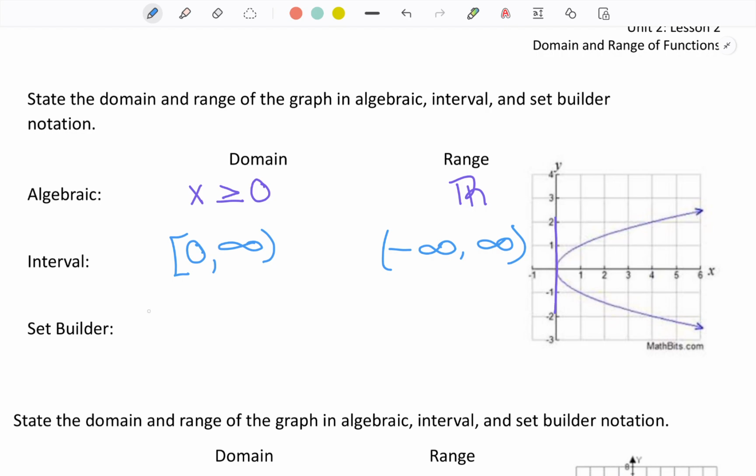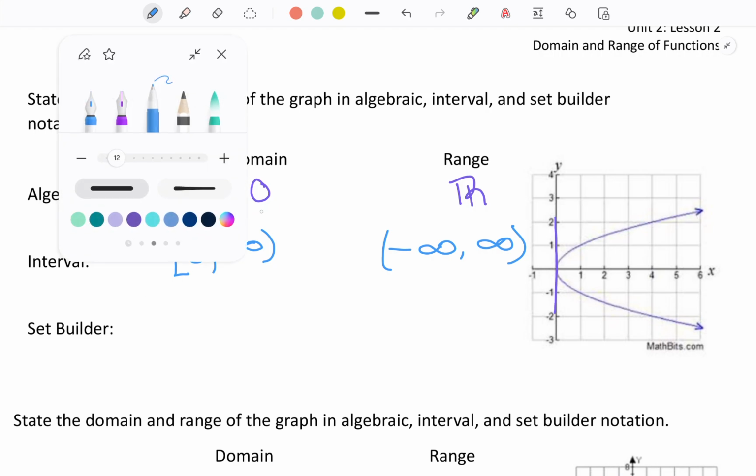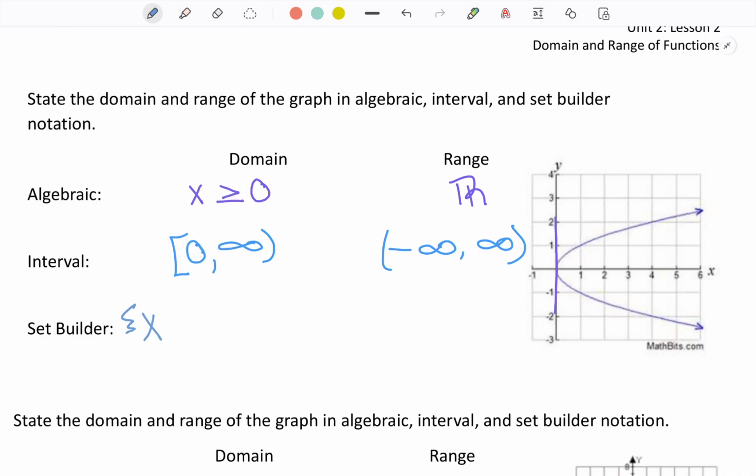For set builder notation, we will have our brace, and x is such that x is greater than or equal to 0, and close those braces. And then for our range, we will have y is such that it is all real numbers.